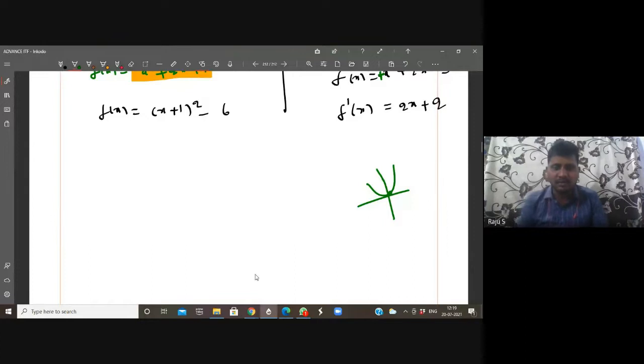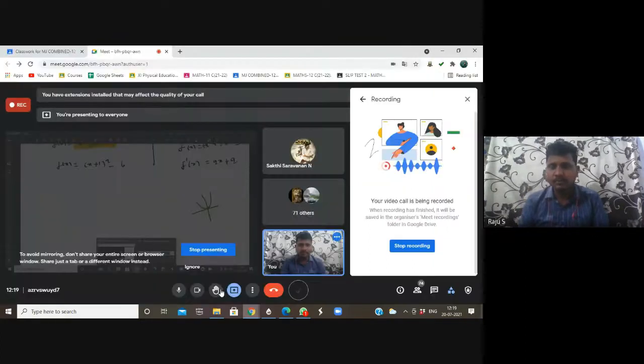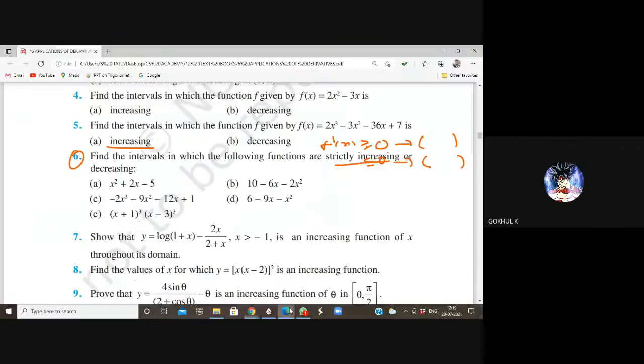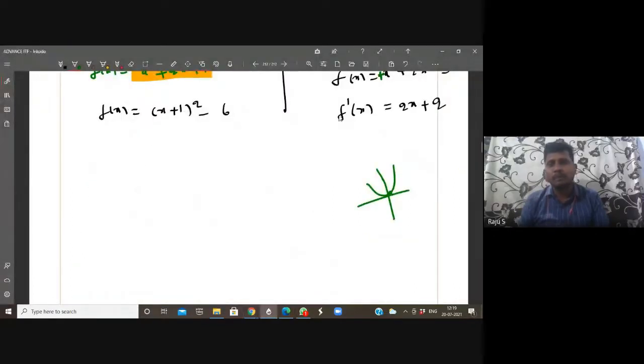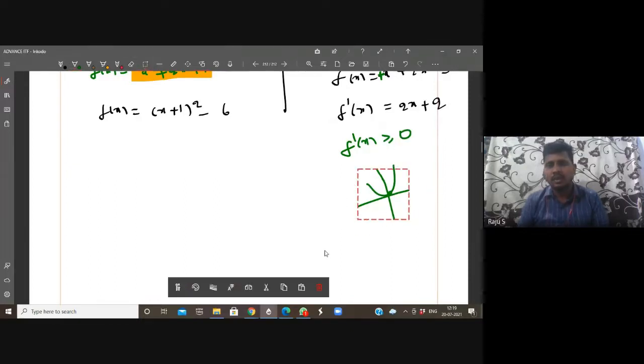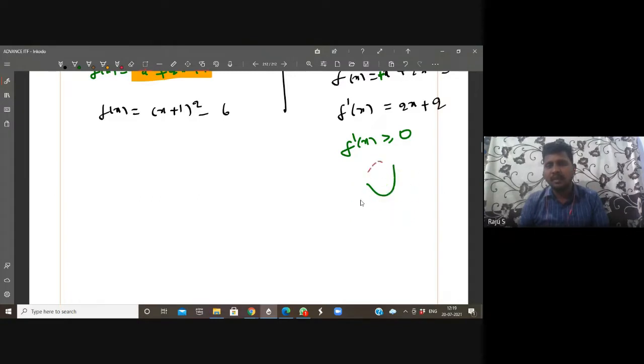So take f dash of x greater than or equal to 0 and find this.